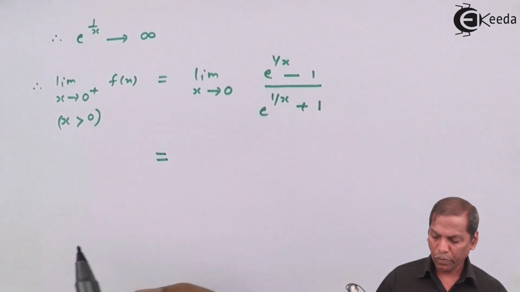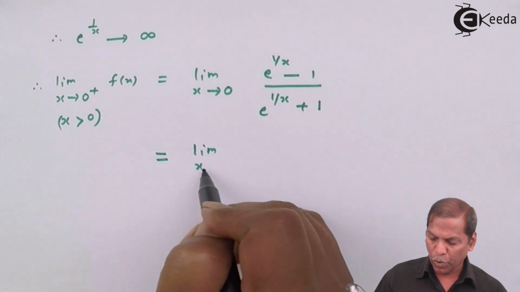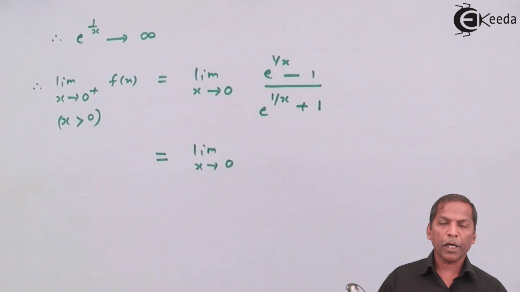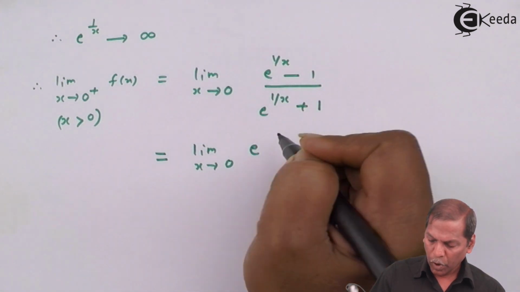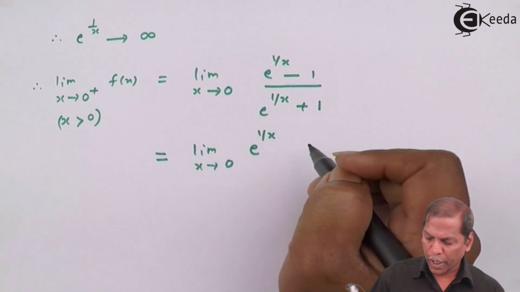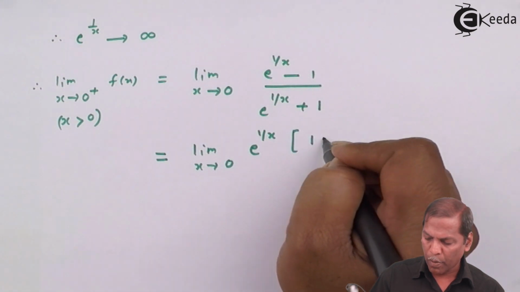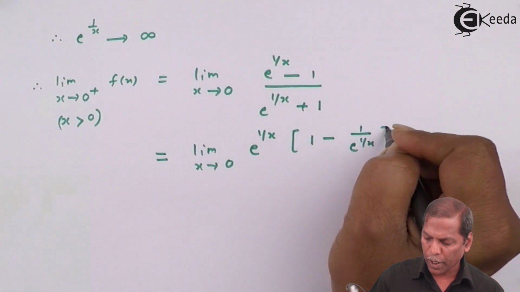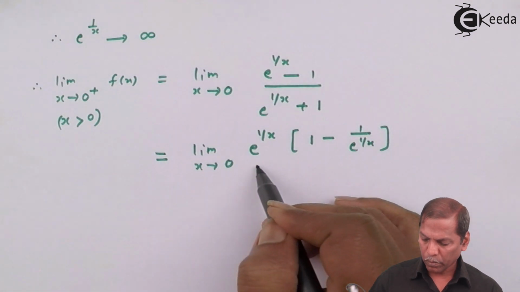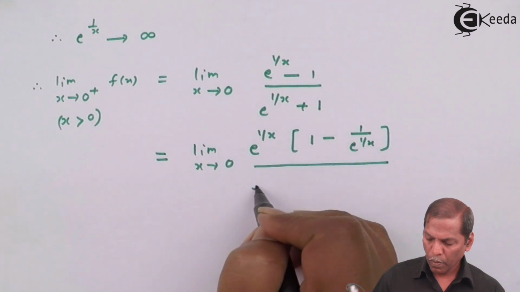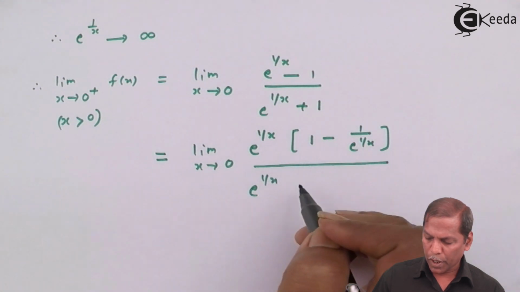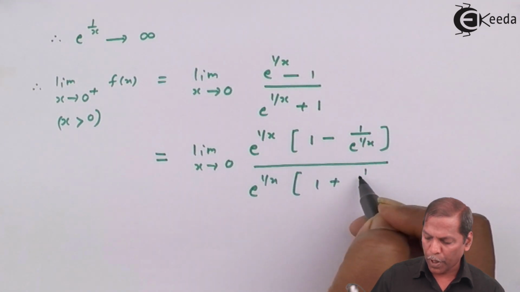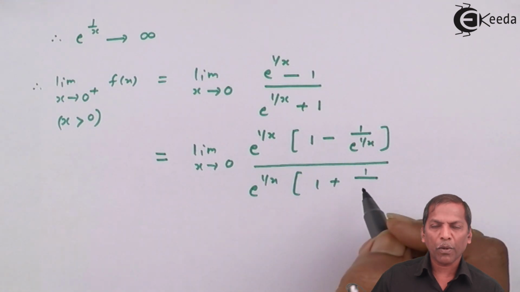Now here we take e raised 1 upon x common from numerator and denominator. So we have e raised 1 upon x in bracket 1 minus 1 upon e raised 1 upon x, upon e raised 1 upon x in bracket 1 plus 1 upon e raised 1 upon x.